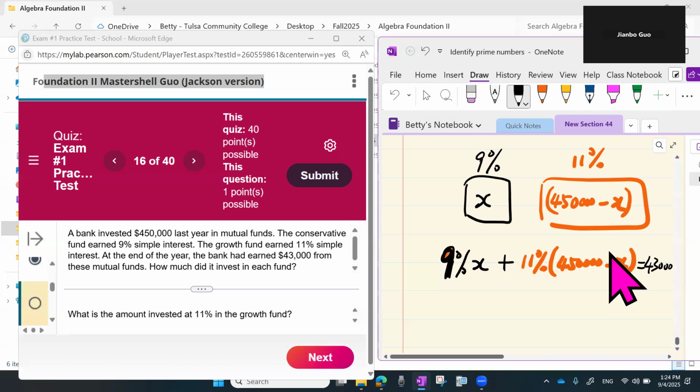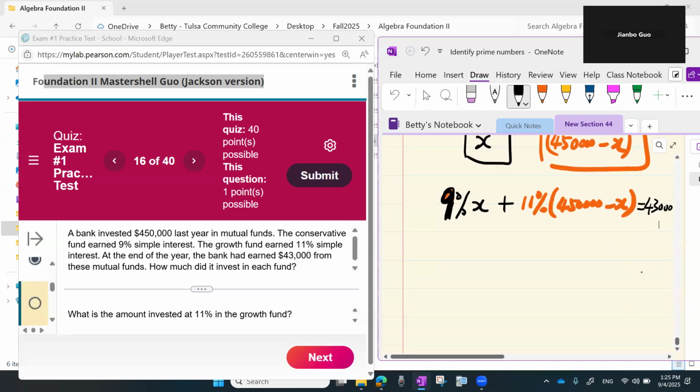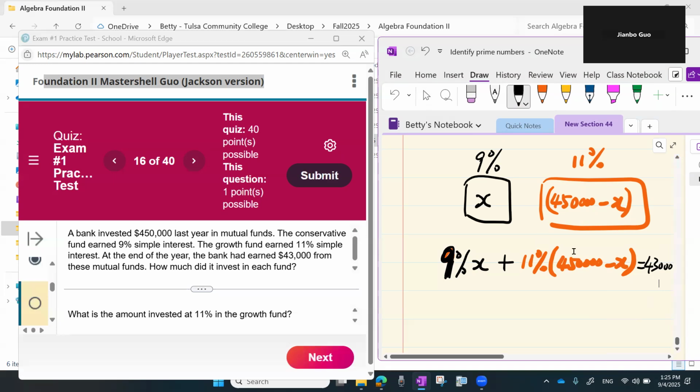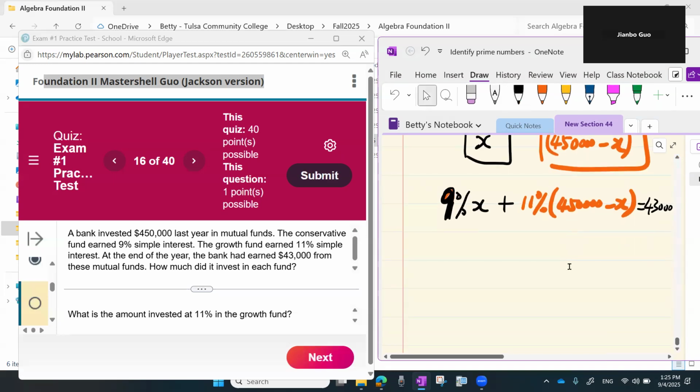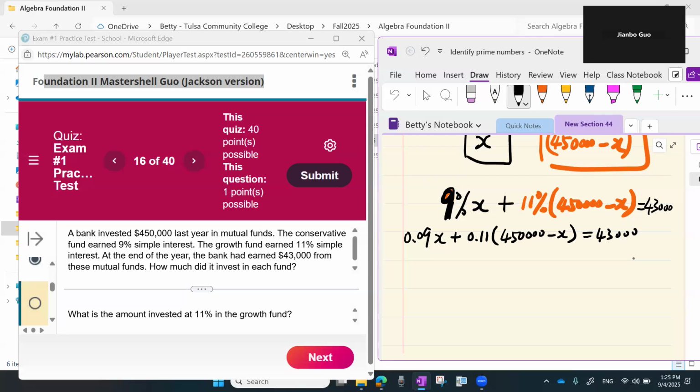Okay. And now we're going to solve this equation. What we have just done is just modeling. Now we're going to really solve it. I'm going to convert a percent as their equivalent decimal, 0.09x plus 0.11 times parentheses, 450,000 minus x equals 43,000.